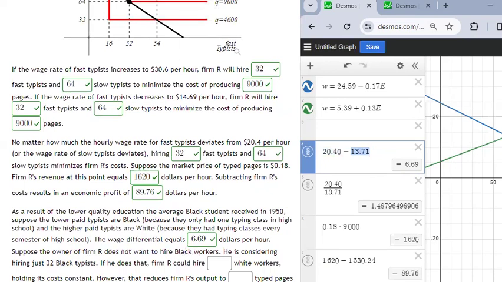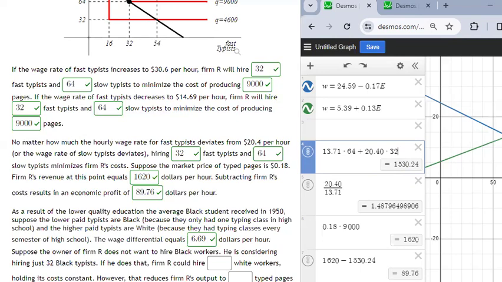Suppose the owner of firm R does not want to hire black workers. He is considering hiring just 32 black typists. If he does that, firm R could hire what? Holding its costs constant. Its cost, if you remember, its costs were what? Let's go back and calculate the cost. Its costs were $1,530.24, right?